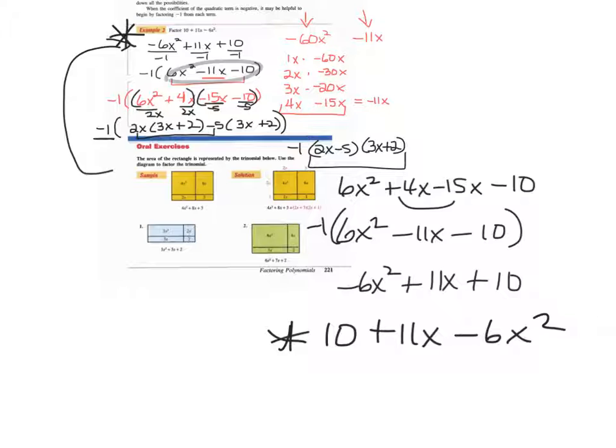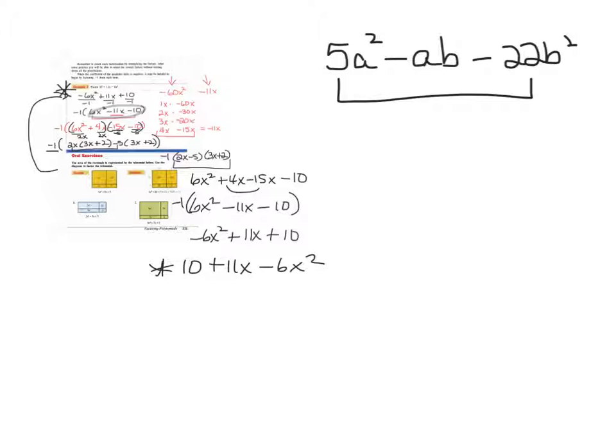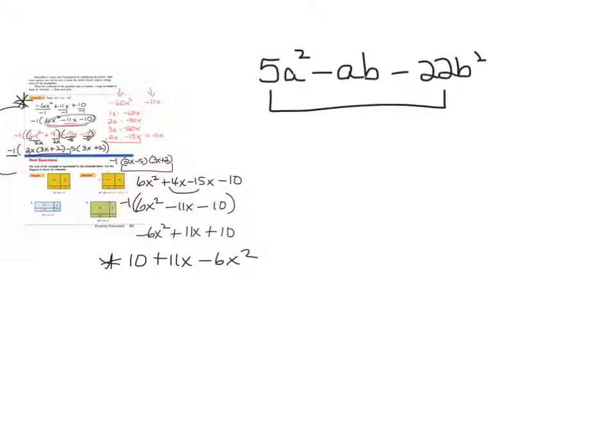Any questions on this so far? All right, I'm going to do example 4 from your textbook. It's 5a squared minus ab minus 22b squared. So I'm going to multiply, and when I multiply 22 times 5, I get 110.